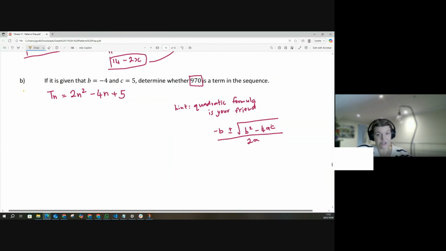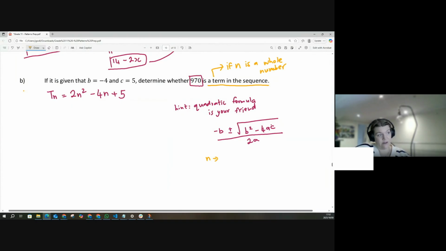So when you have a question like this, if it's asking if it's a term in the sequence, basically what it's asking you is if n is a whole number. If n is a whole number, then it's a term in the sequence. If n is not a whole number, it is not a term.